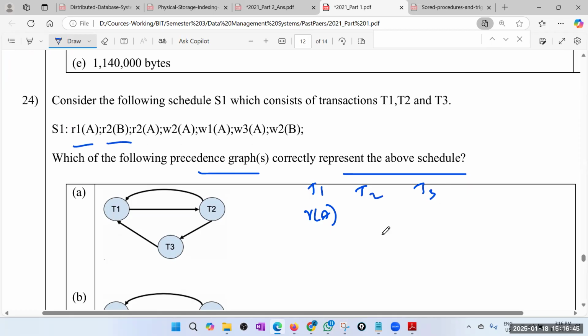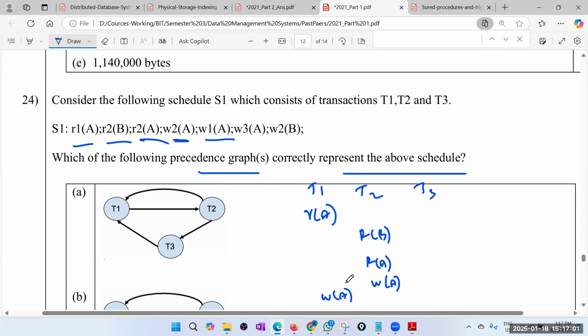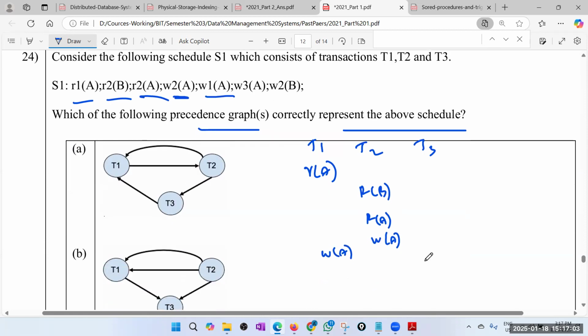Read A, read 2B, read 2A, write 2A, write 1A, write 3A, write 2B.